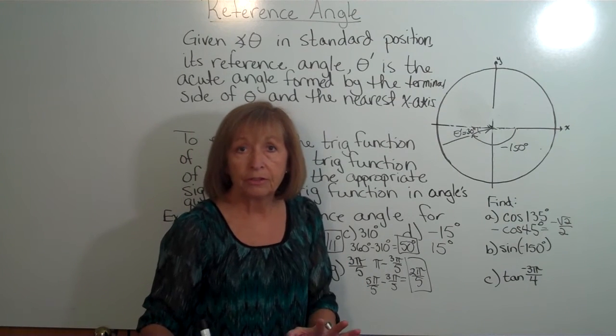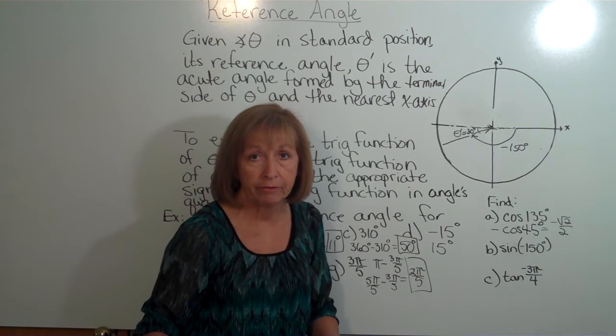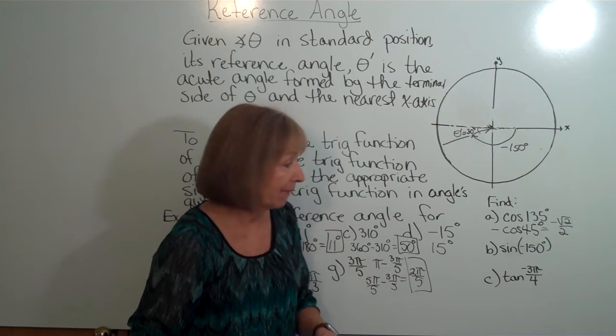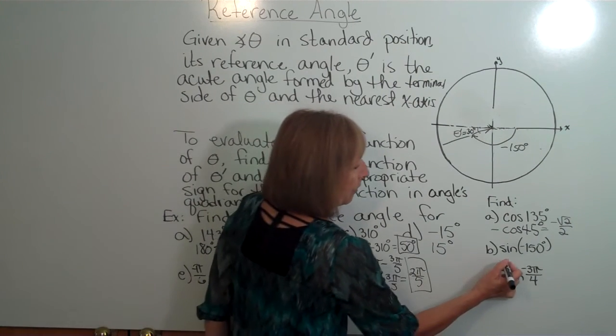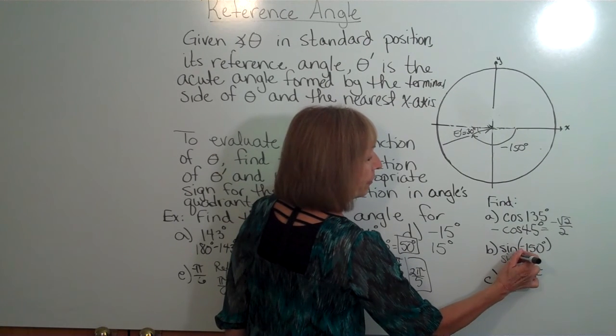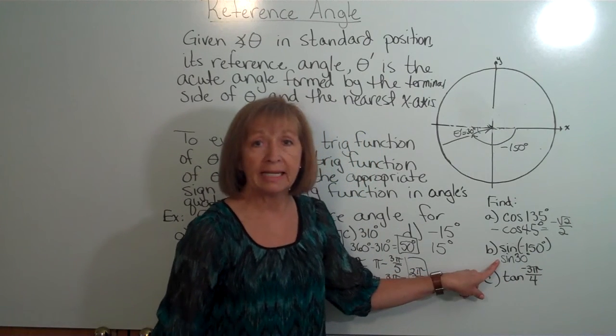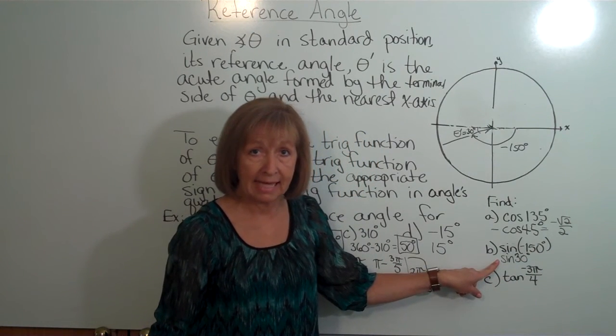And remember, your reference angles are always going to be between 0 and 90 or between 0 and pi over 2. They're never going to have a minus sign on them. So this is going to be the same as the sine of 30 degrees, and then also take into account whether it needs to be plus or minus that.